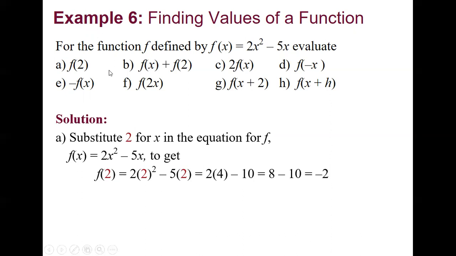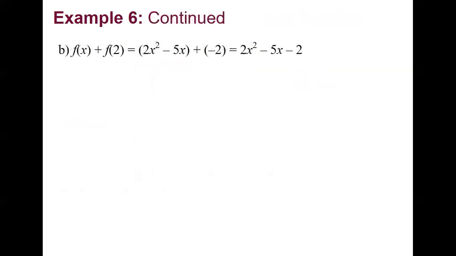So if you look at B here, it says f of x plus f of 2. So we're going to have the function unchanged plus the value of f of 2. Do we see that? Okay. So what that means is we have the unchanged function plus the value that we got for f of 2.